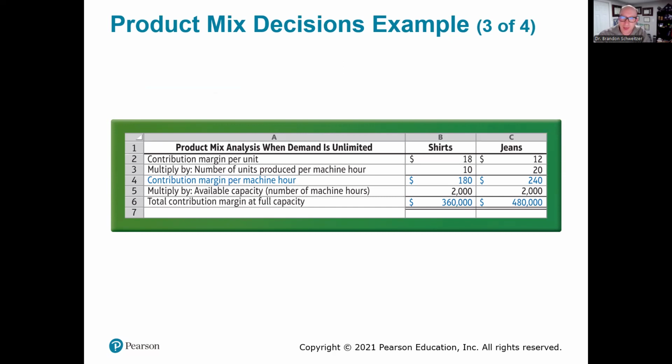I then multiply that by the available capacity to get the total contribution margin at full capacity per type of product that I sell. So this information helps management to make a decision if we need to shift into making more of one product over another.